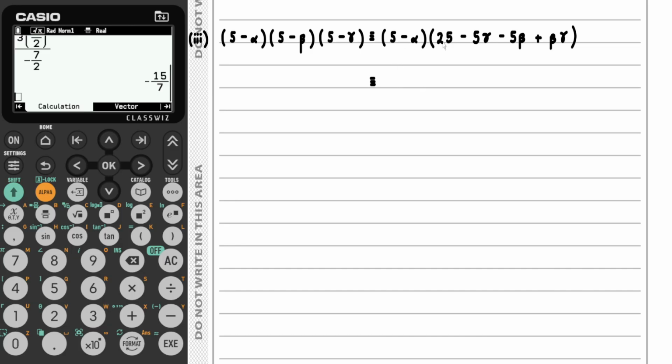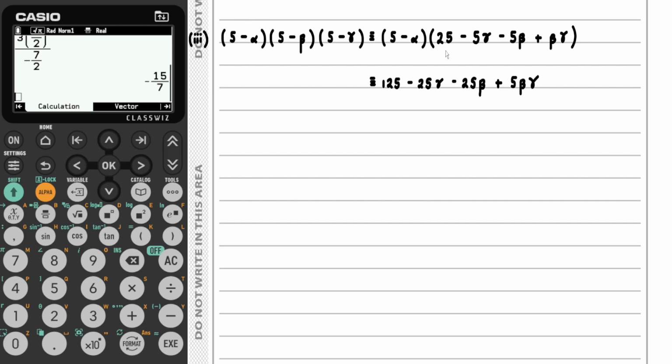We have 5 times 25, which is 125. Then 5 times negative 5 gamma is negative 25 gamma. Then 5 times negative 5 beta is negative 25 beta. Then 5 times beta gamma is 5 beta gamma.